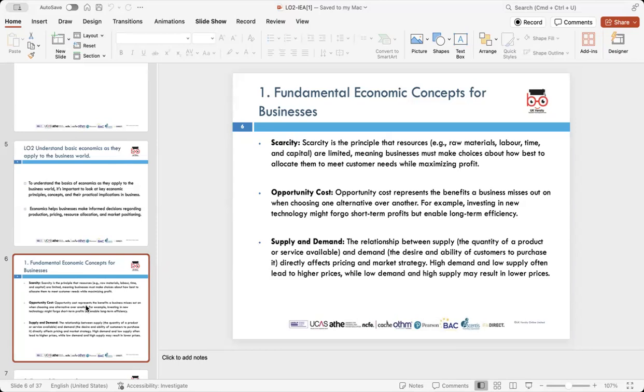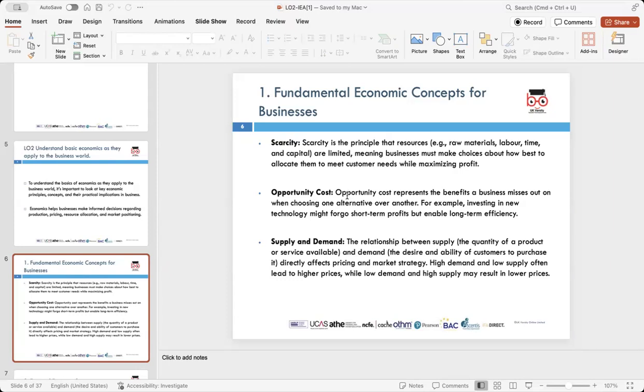For example, a company may need to decide whether to invest in expanding production or developing a new product line. Each decision comes with trade-offs.